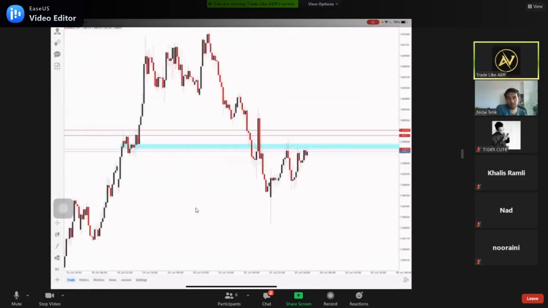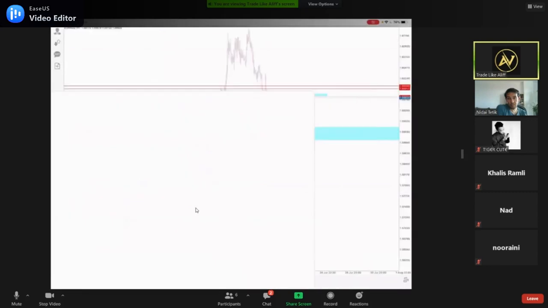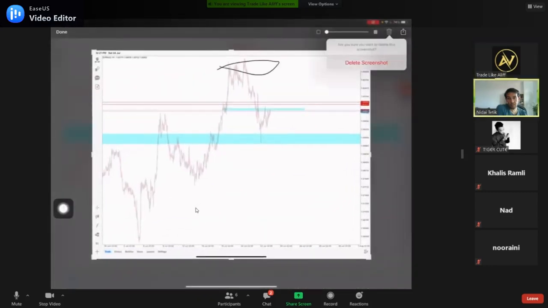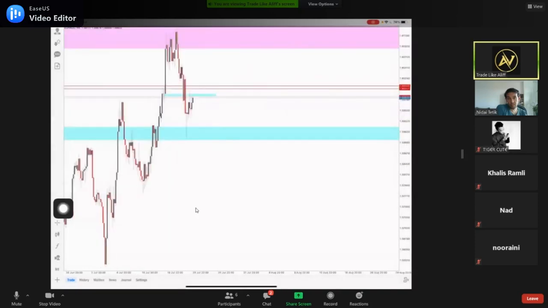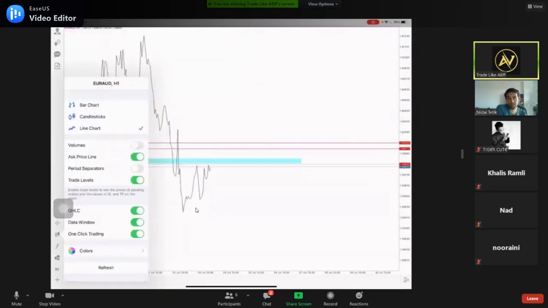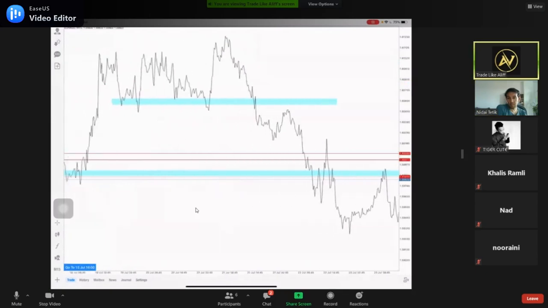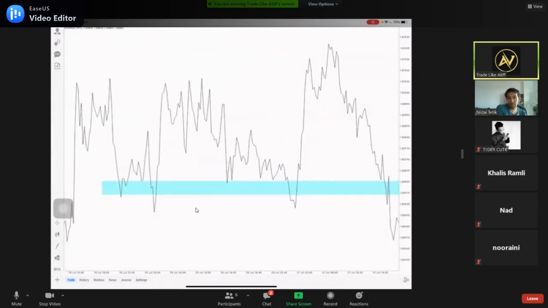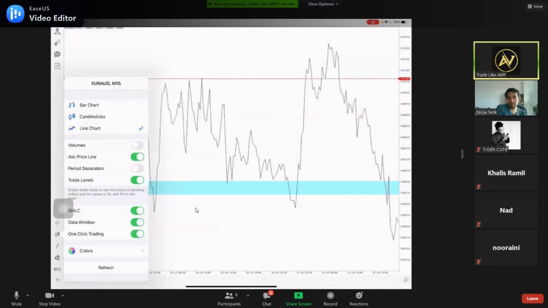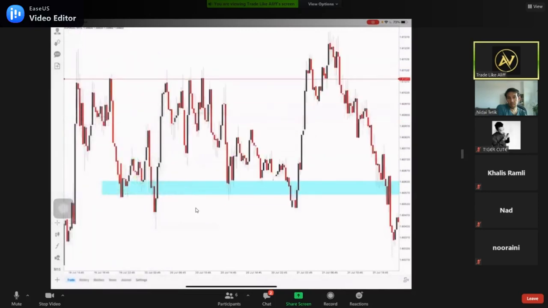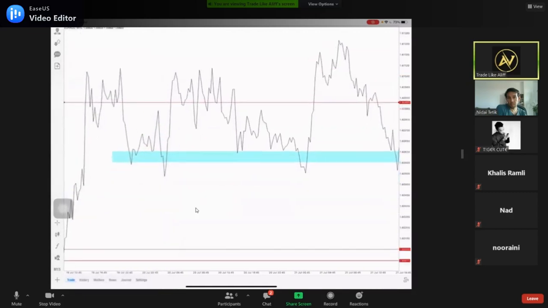So same thing. Weekly zone. This is the weekly zone. Same thing. You're gonna wait for a breakout.